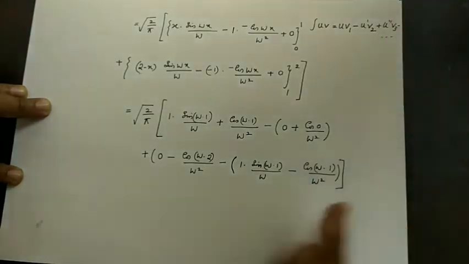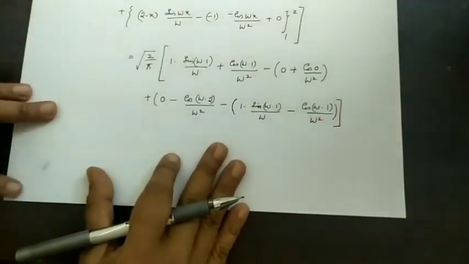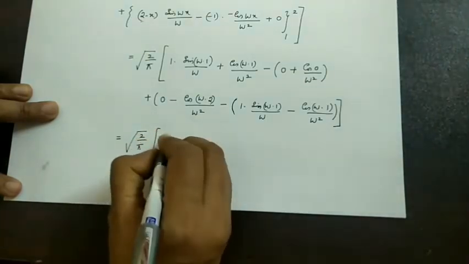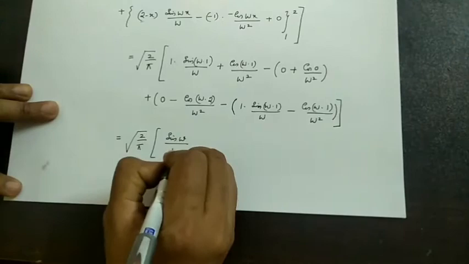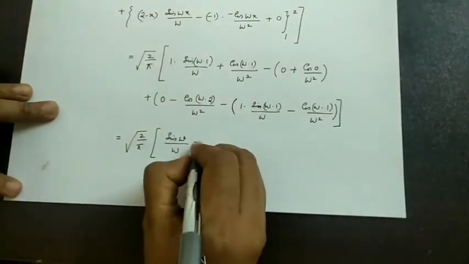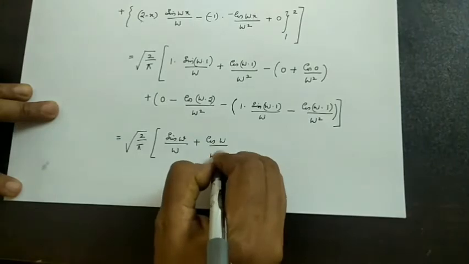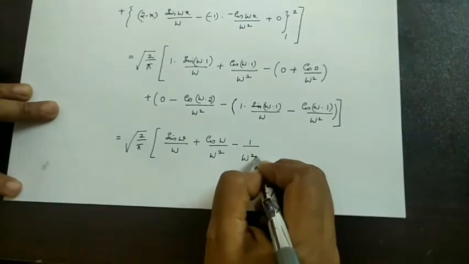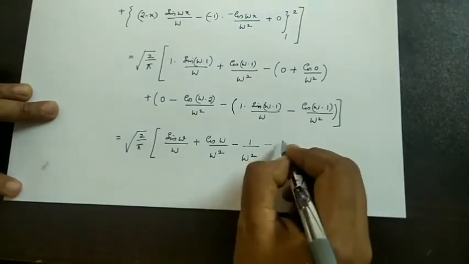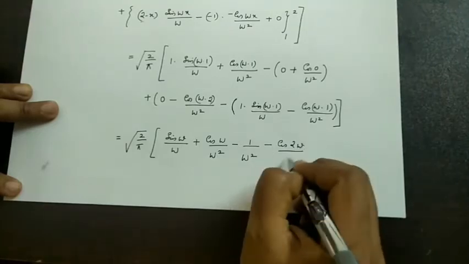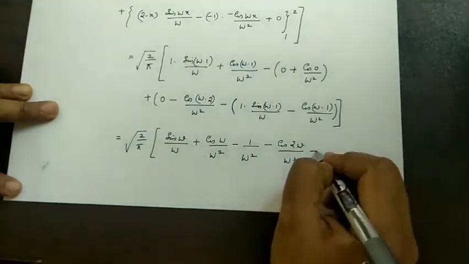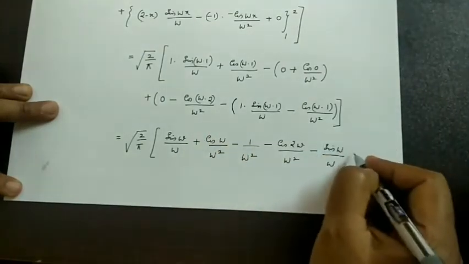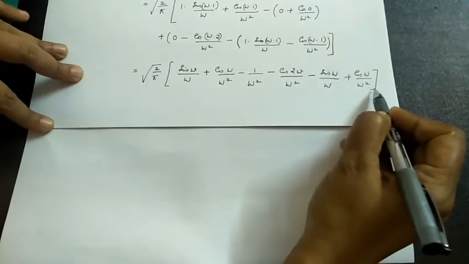Okay. Now again simplifying, we will get root 2 by pi into sin omega by omega, 1 into sin omega by omega, plus cos omega by omega square, then minus cos 0 is 1, minus 1 by omega square, then minus cos 2 omega by omega square, then minus sin omega by omega, then plus cos omega by omega square.